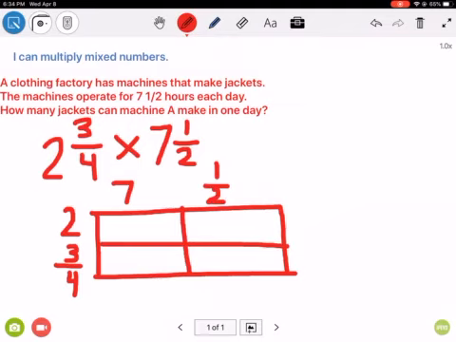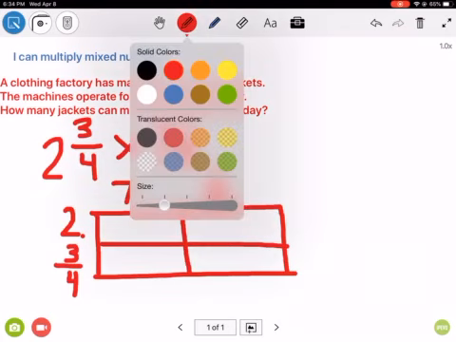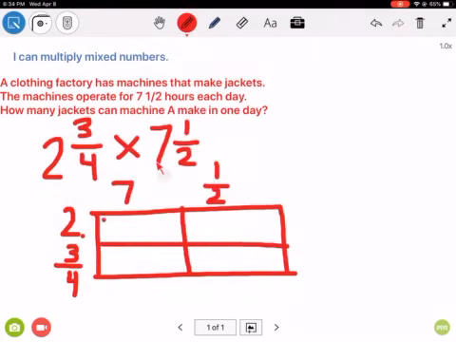All right. So how I'm going to solve this is I'm going to do another tool here. I'm going to take 2 and I'm going to multiply it by 7. That goes in my first box. So when I multiply 2 by 7, I get 14.